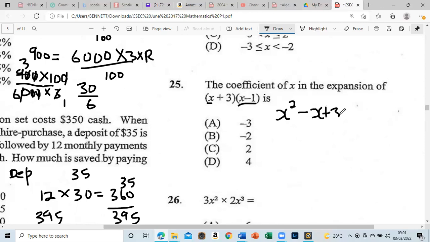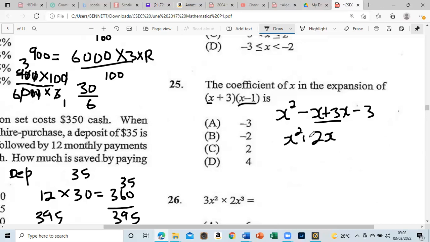We can stop here because the coefficient will be negative x plus 3x, which gives us 2x. The 3 times 1 is negative 3, but we're focusing on this part only. So we get 2x, and the coefficient is the number in front of the x term. This will be positive because this is bigger. So our answer would be C.